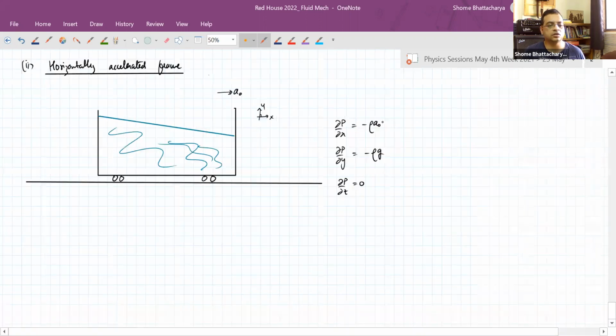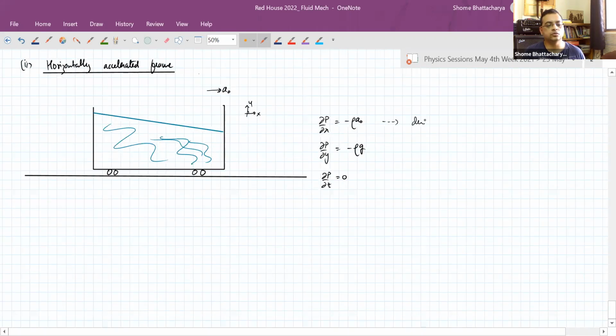So this occurs due to the pseudo force on the liquid along the negative x-axis. This occurs because of gravity along the negative y-axis. That kind of situation.